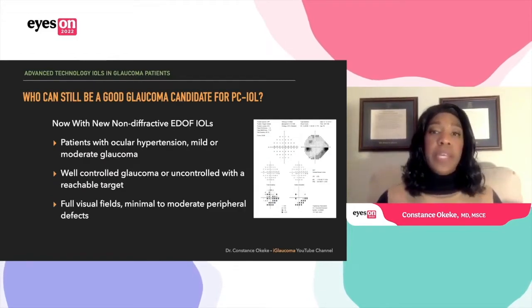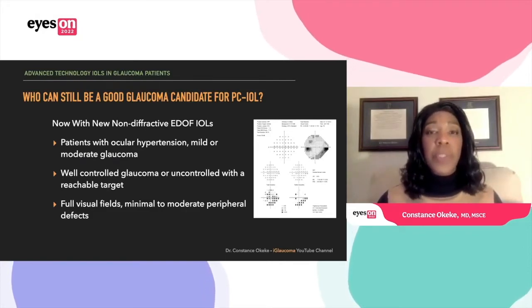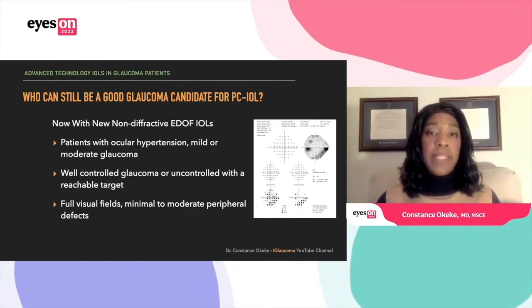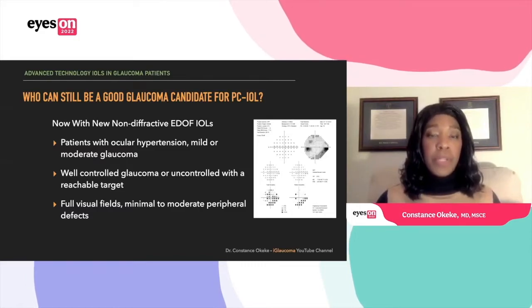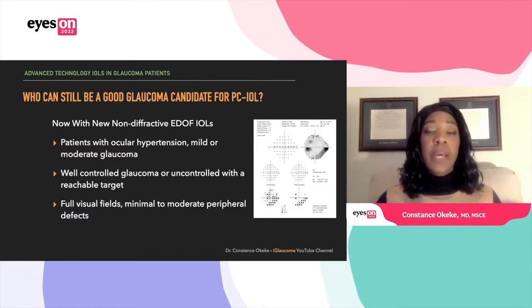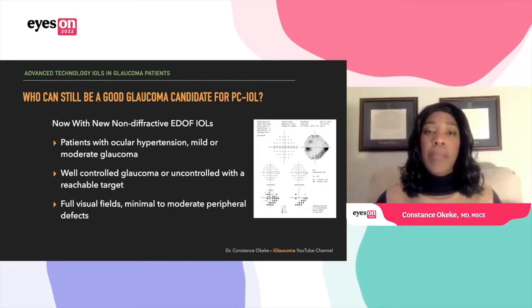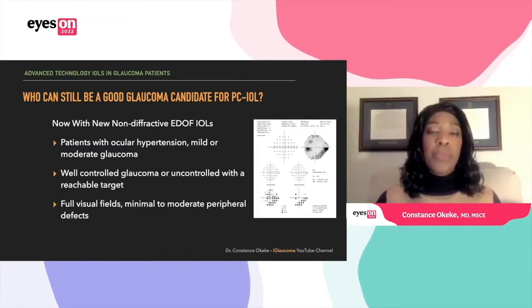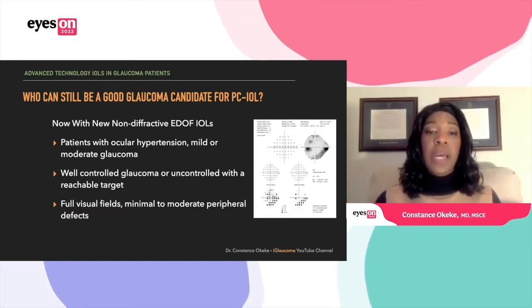But I will say that the design of the non-diffractive extended depth of focus IOLs has allowed for my expansion to include more patients who have glaucoma, more of the mild perimetric glaucoma to moderate perimetric glaucoma, and having good outcomes, because these patients, whether they may be controlled or maybe not quite, maybe uncontrolled, could be candidates for, say, a combined MIGS procedure.